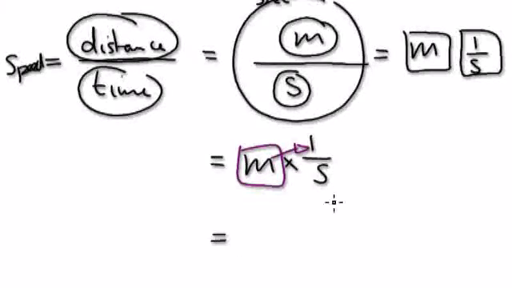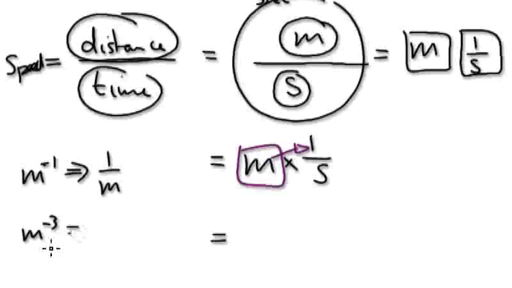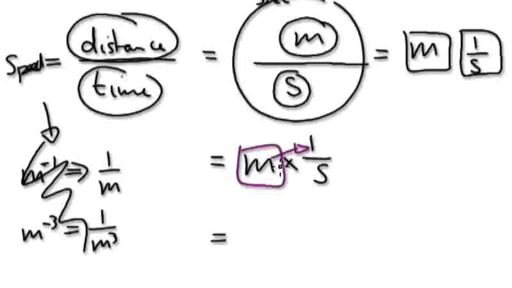Now from indices, we know that the minute you have something to the power of a minus something, you immediately jump to this. So from indices, if you have, let's say, m to the power minus something, that would mean 1 over m to the power something. If you don't understand this, then watch the indices section.